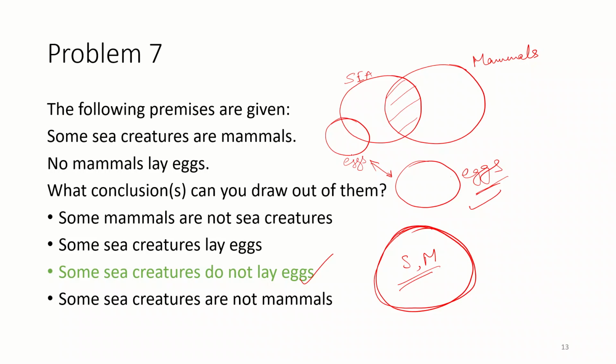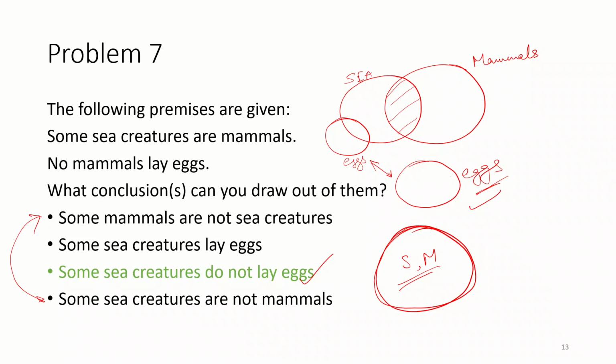Got it? Sir, why not A? Why not A? The thing is, we can't say that some mammals are not sea creatures. In a sense, these are connected. So we have to consider the set including all the things.